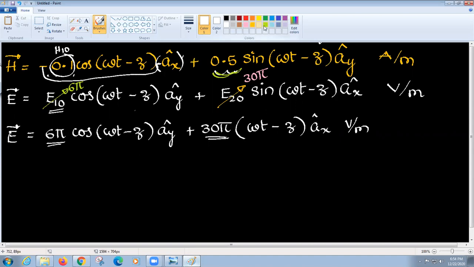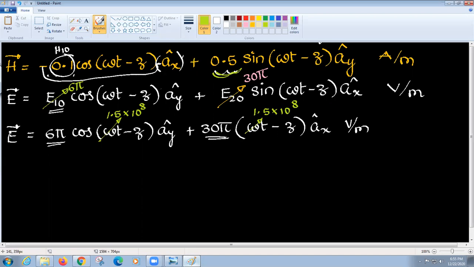And I know we found our omega; we just obtained omega as 1.5 into 10 to the power of 8. So wherever you have omega, just plug in this value, 1.5 times 10 raised to the power of 8. This is the way to find E.